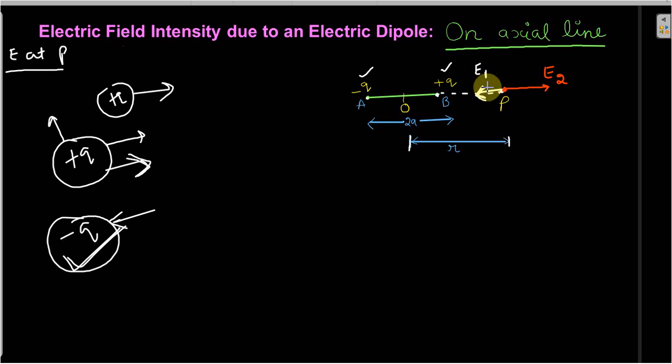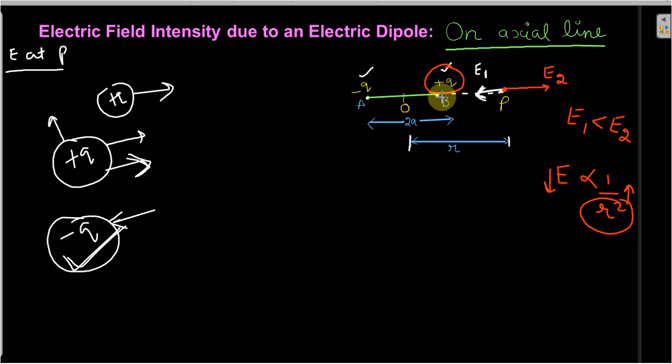Why have I drawn this one as greater? E1 is less than E2, or you can say E2 is greater than E1, because the electric field produced by this positive Q charge is greater. Why is it greater? We know this relation: E depends on R square, inversely proportional to R square. So as distance increases, electric field decreases. Now if you compare the two charges here, which charge is near?